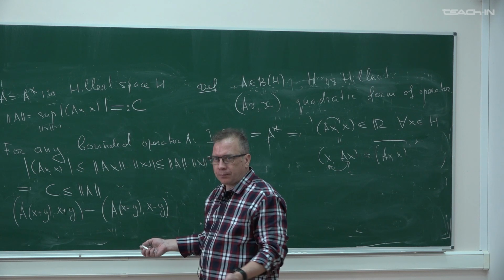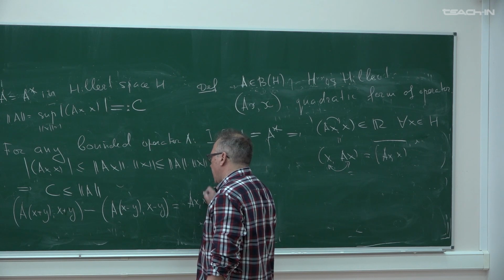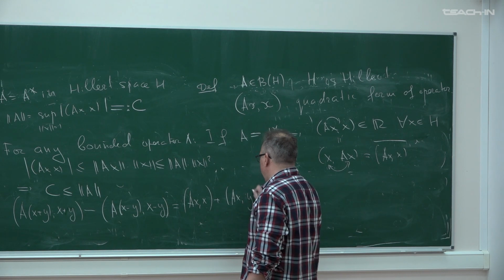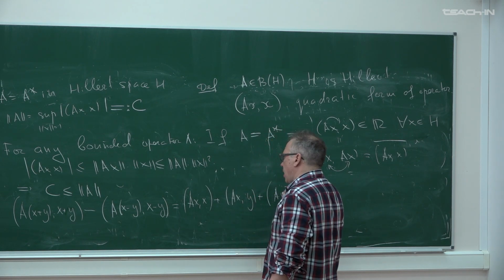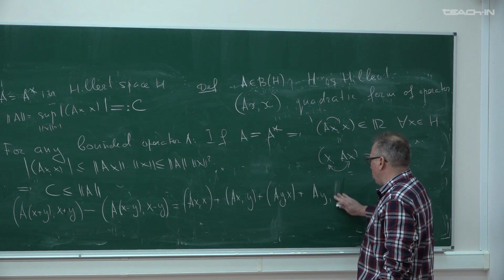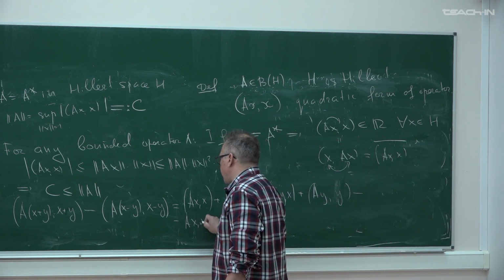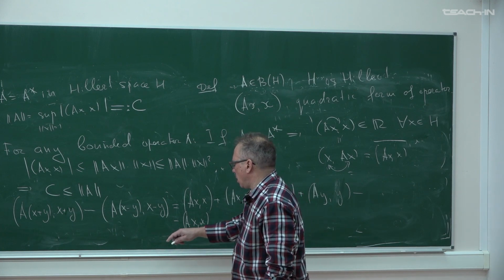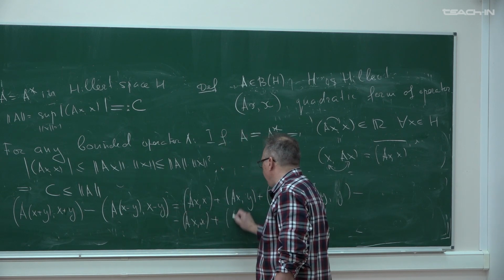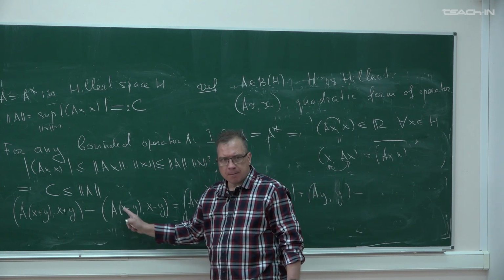Let's take away brackets, yeah? AXX plus AXY plus AYX plus AYY, minus AXX, here A(X minus Y), plus AXY, again minus minus, two minuses.